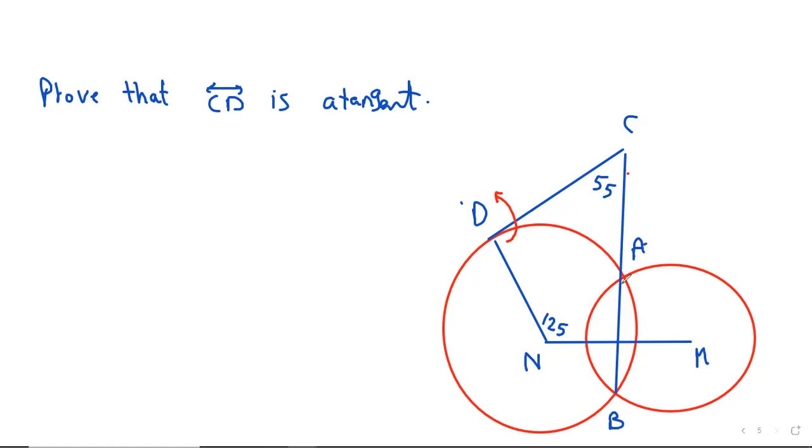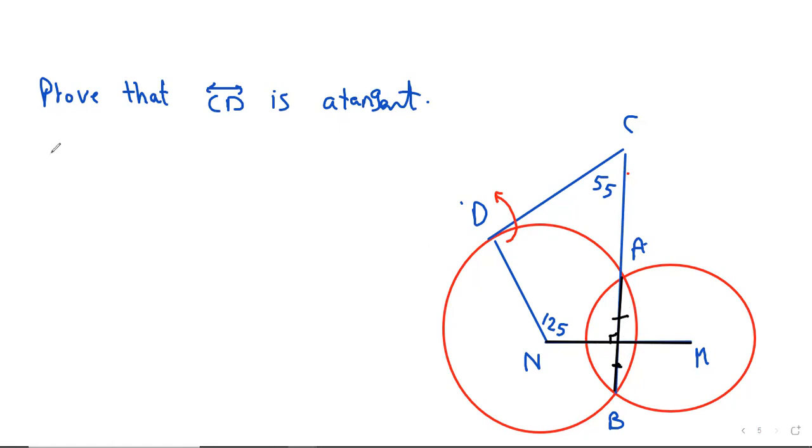Here we have two intersecting circles, and AB is a common chord between the two circles. And MN is the line of centers. So the line of centers is perpendicular to the common chord and bisects it. You know it?